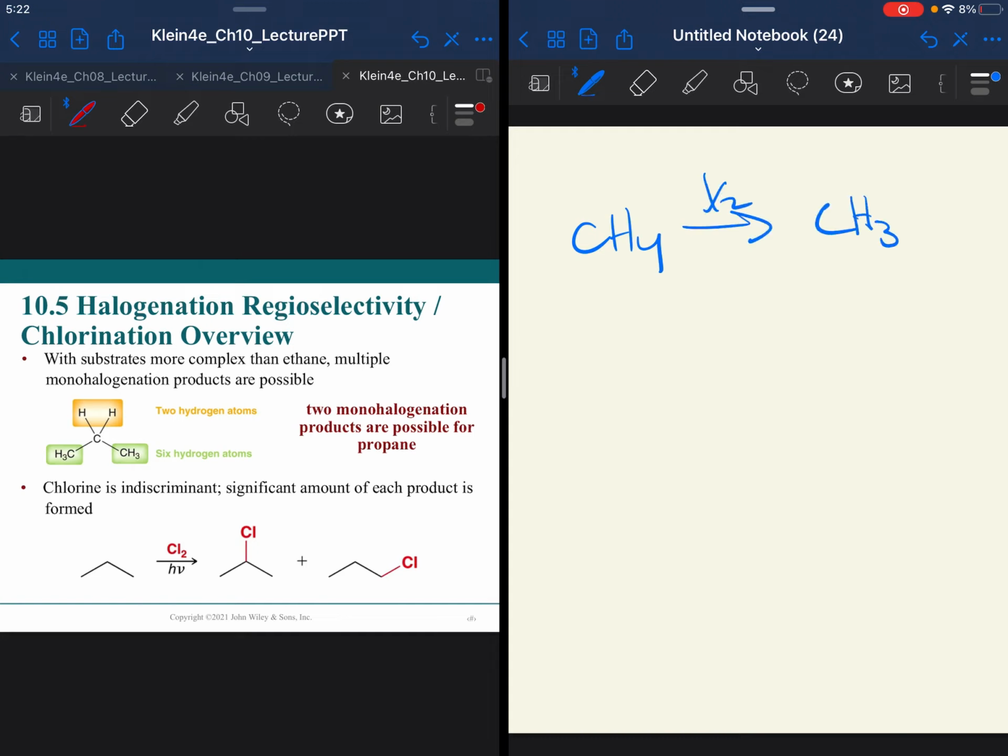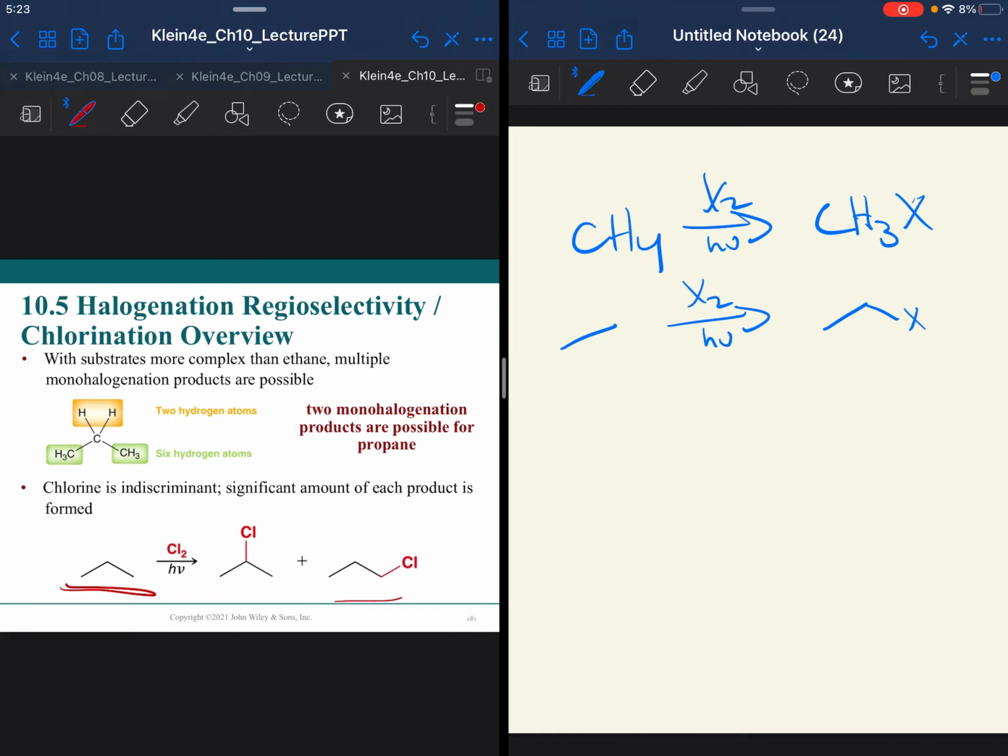You're going to wind up with CH3X if you can stop it. If you're dealing with ethane, same thing. Let's not forget the light. If you can just put one halogen on there, you're going to get a one halo ethane. But what about when we have multiple places that the halogen could go? So that starts with propane.